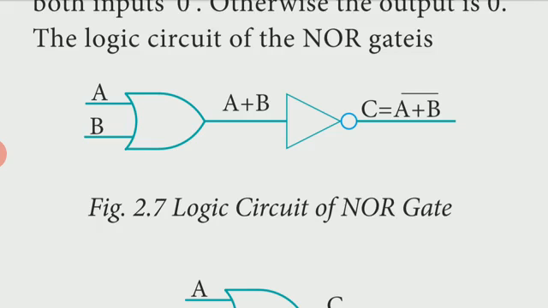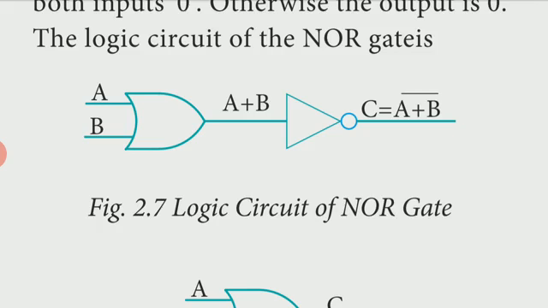Now we will see the logic circuit. In the last class we discussed the logic symbol. Here we are going to see a logic circuit, which is formed by combining two or three logic symbols. Here A and B are joined using the OR gate, A or B, and you get one answer.